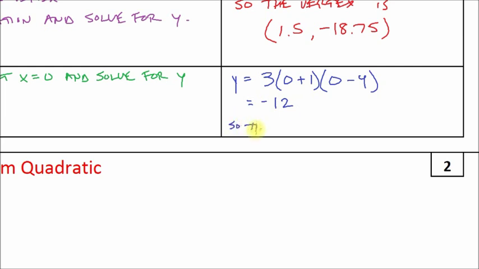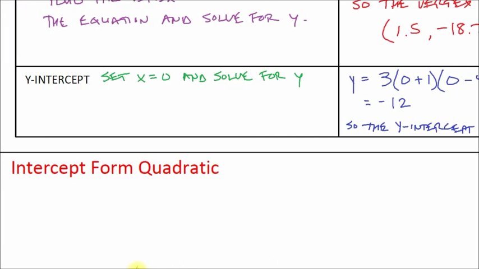So the y-intercept, where this parabola or where this equation crosses the y-axis, is negative 12. And that's all there is to solving for the y-intercept. Now, if I were you, class, in the book here or in your flip book, I would put these words in parentheses.